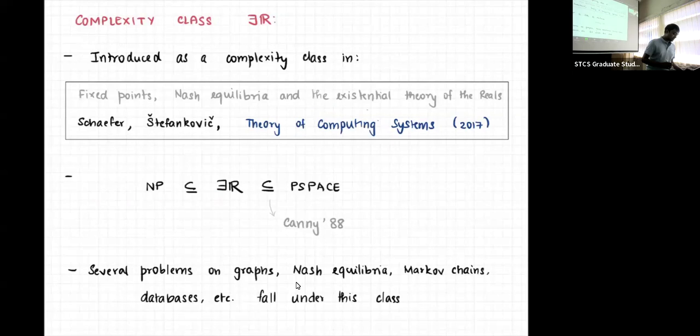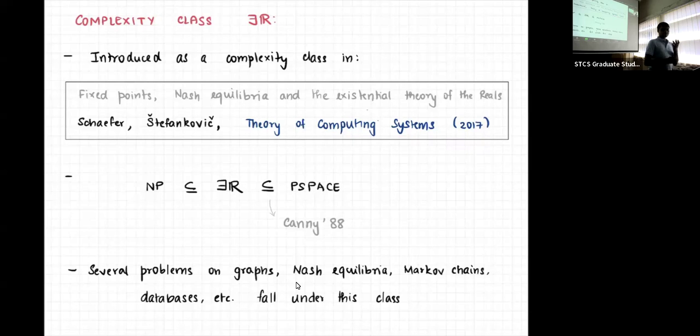So this class was introduced as a complexity class in this very nice paper. They established the ingredients that you need to show reductions from the existential theory of reals to your own problem, and several other problems have been shown to lie in this complexity class.